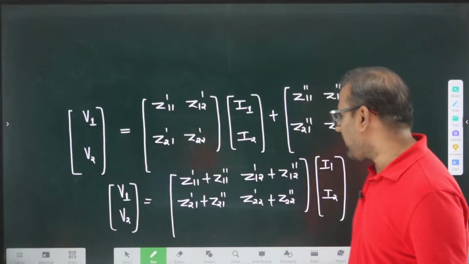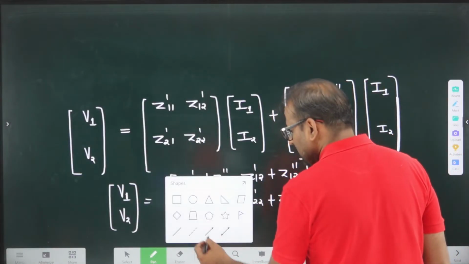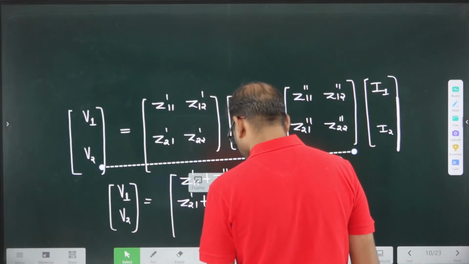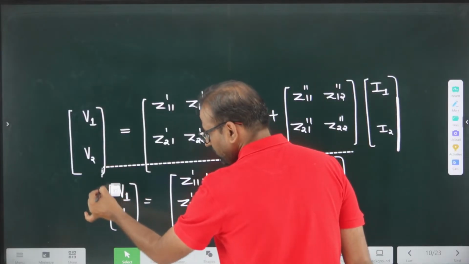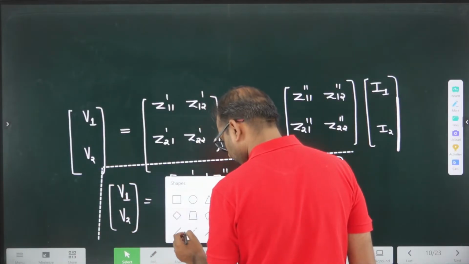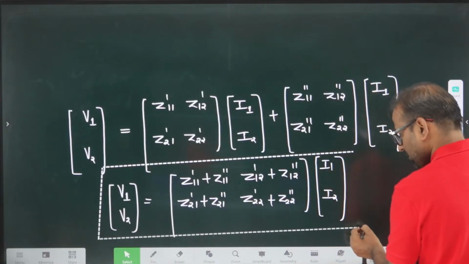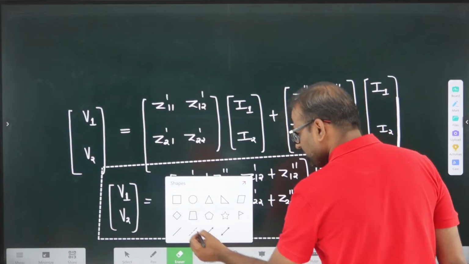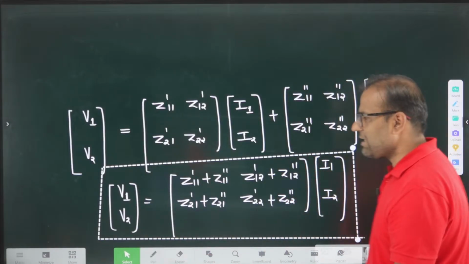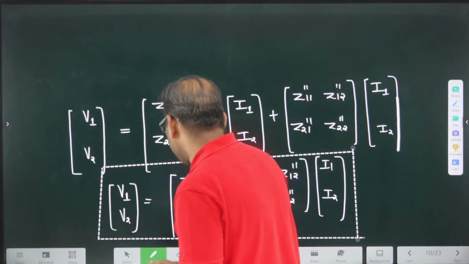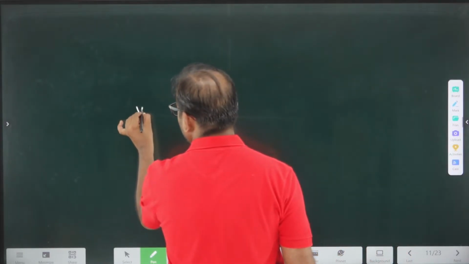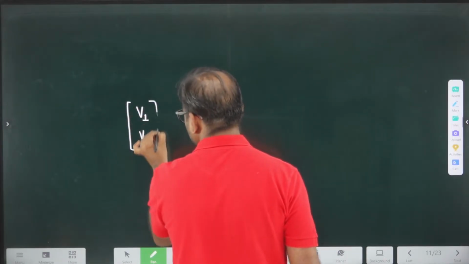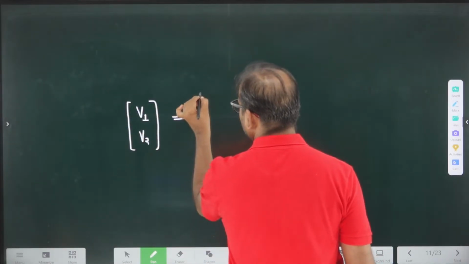This is the standard equation for the standard two-port network, where V1 V2 is given in the form of what?